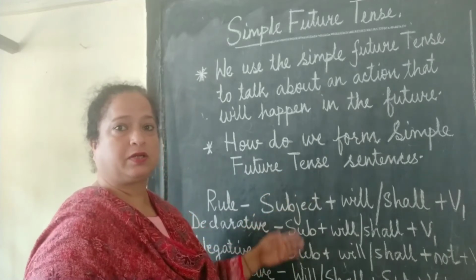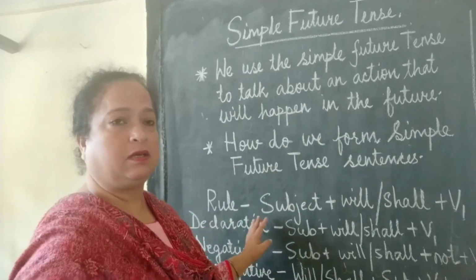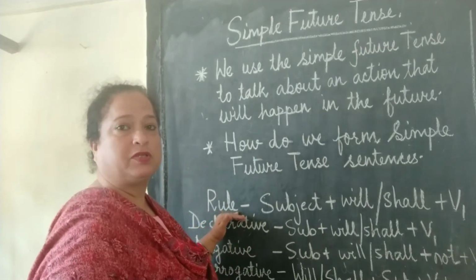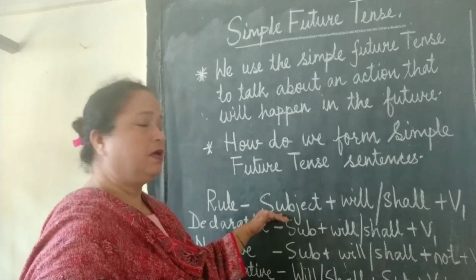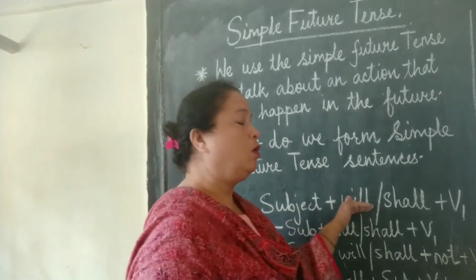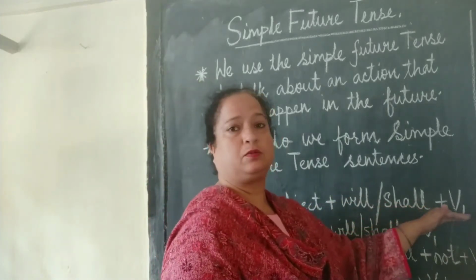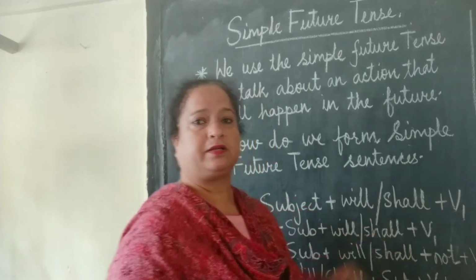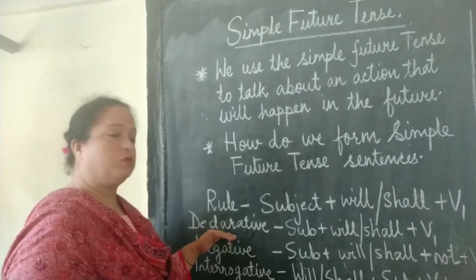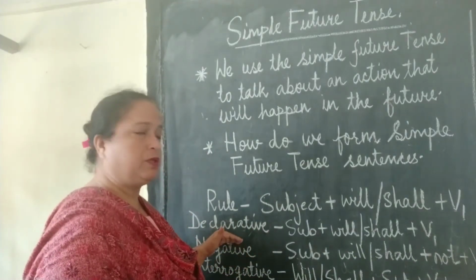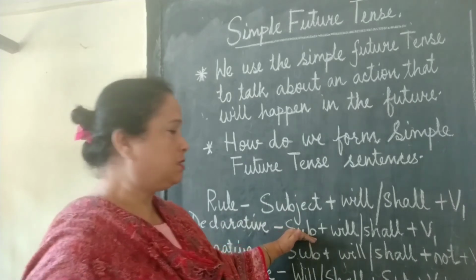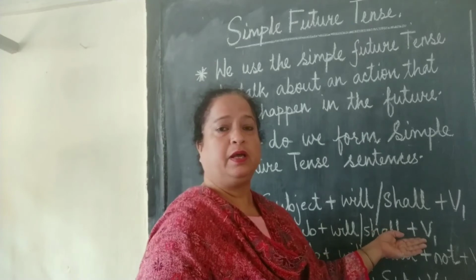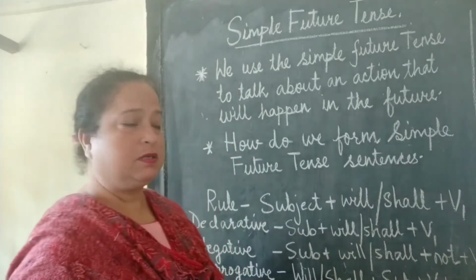So there is a certain structure that I have written over here. So let us see and explain this to you. So the rule to form simple future sentences is the subject plus will or shall plus the V1 form of the verb, that is the base form of the verb, and then you write the rest of the sentence. To make a declarative sentence, we use the subject plus will or shall plus the V1 form of the verb, and then we write the remaining part of the sentence.